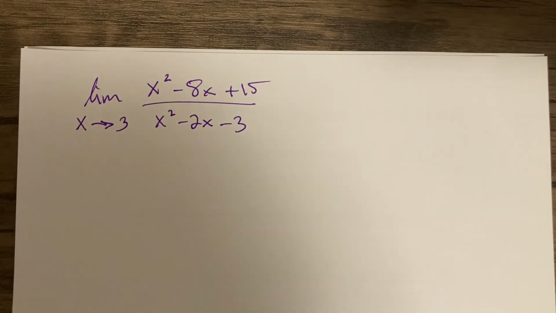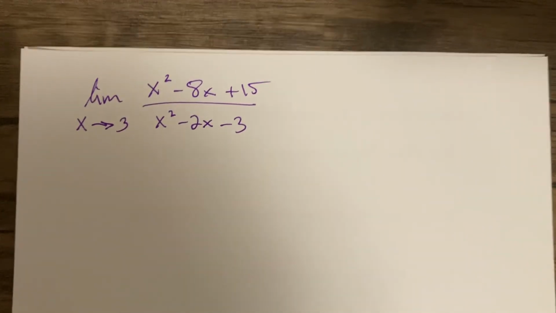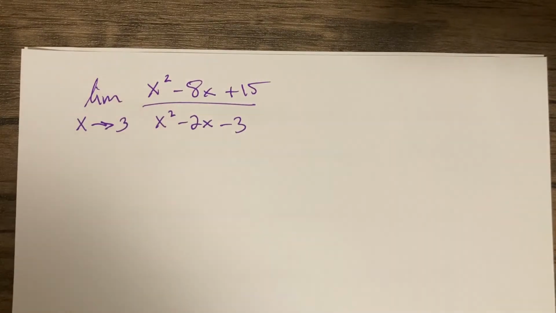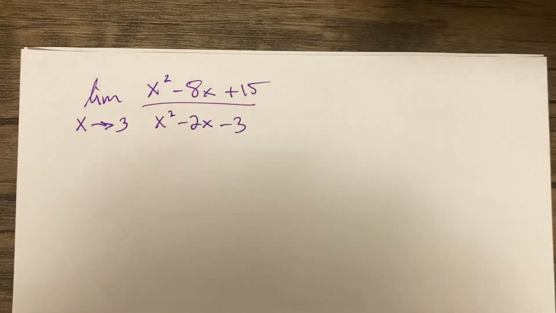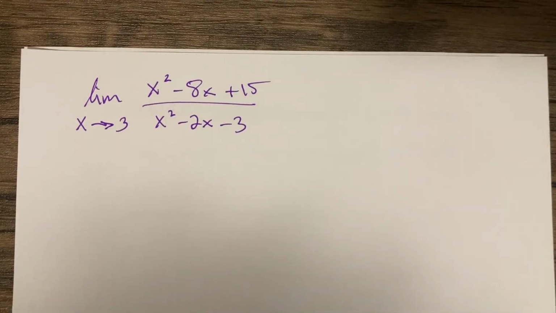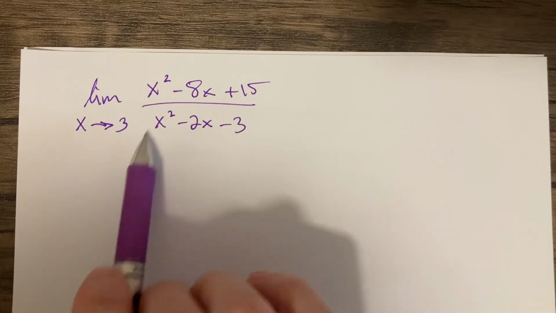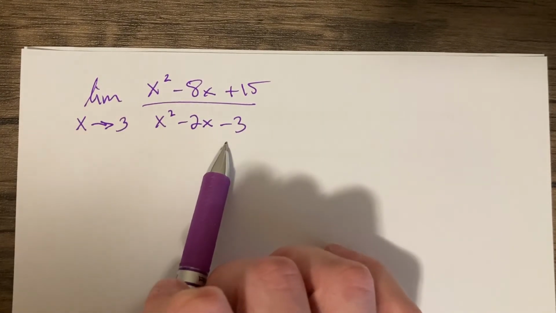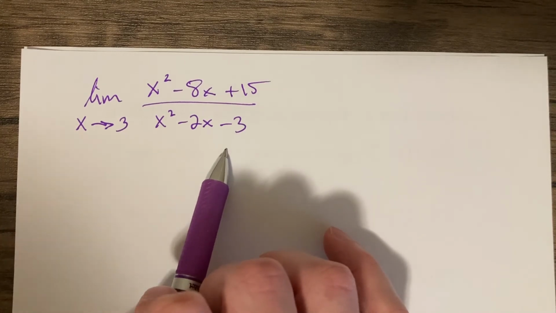Nothing necessarily new here. This is more just a review problem. Make sure that we all remember some of our strategies from last week. With this one, you can't plug in 3. It's going to give you a denominator of 0. You get 9 minus 6 minus 3 would equal 0.